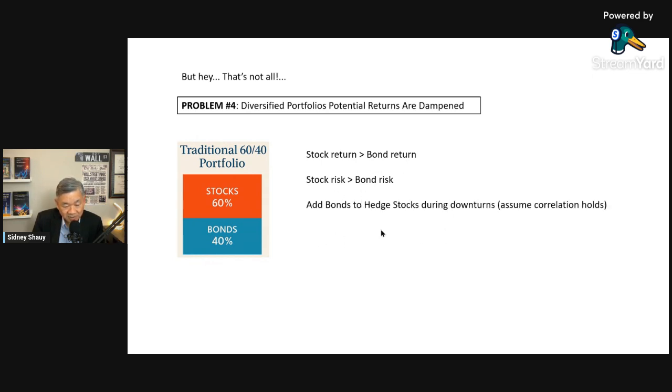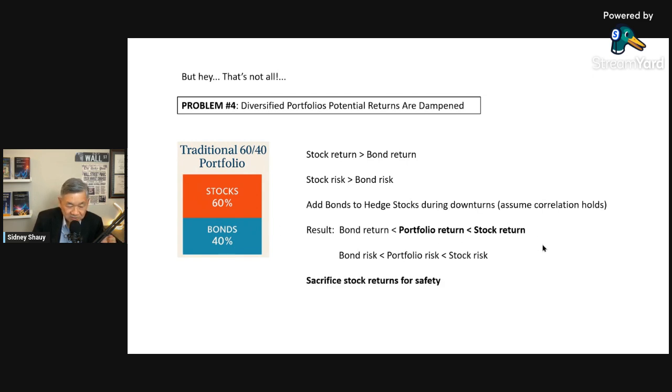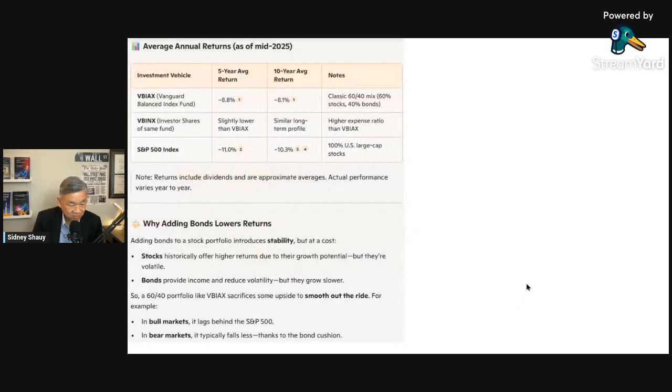But when you add bonds to stocks, to hedge stocks during downturns, you're assuming that the correlation holds. The net portfolio return is going to be smaller than the stock return if you had 100% stocks instead of 60% stocks and 40% bonds. So you're sacrificing stock returns for safety. You're adding a hedge here, and the hedge costs money. So that's a cost.